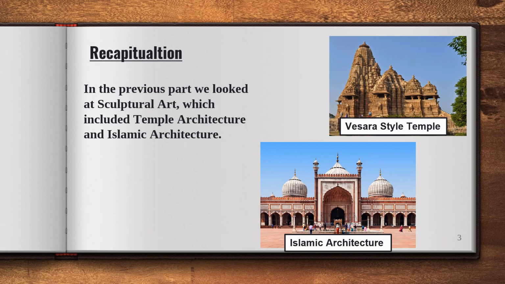We also discussed the temple architecture in India that began to develop around the 4th century CE, and the different styles of temple architecture, that is the Nagara style, the Dravida style, etc. After which we discussed the pre-Islamic native Indian style of architecture that included the Qutb Minar and the Taj Mahal.